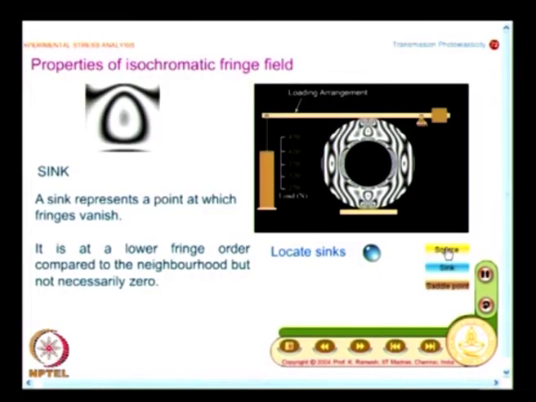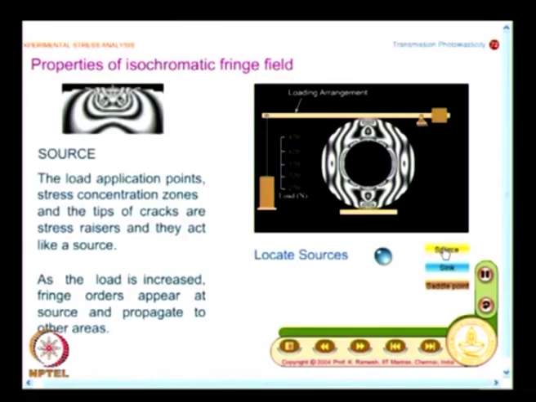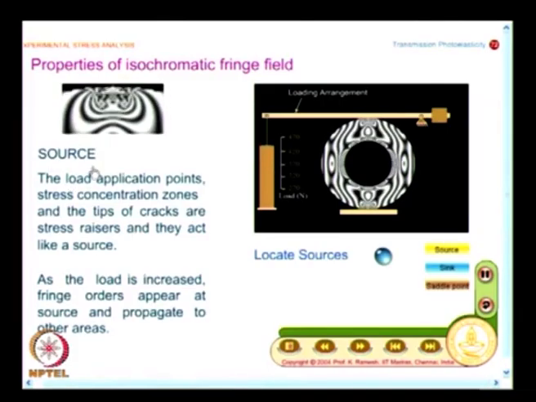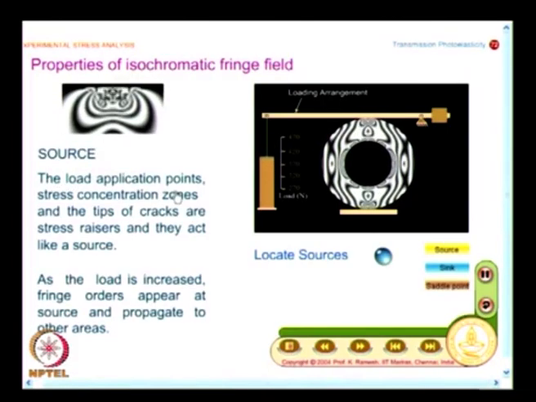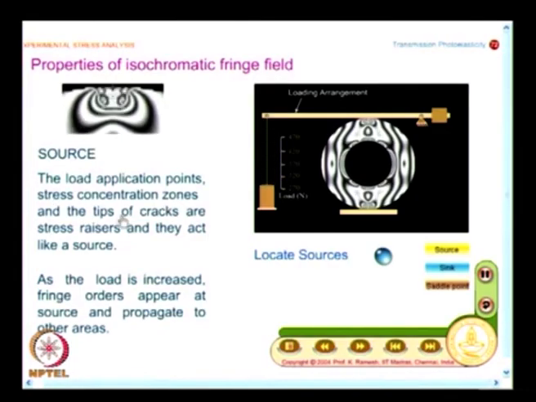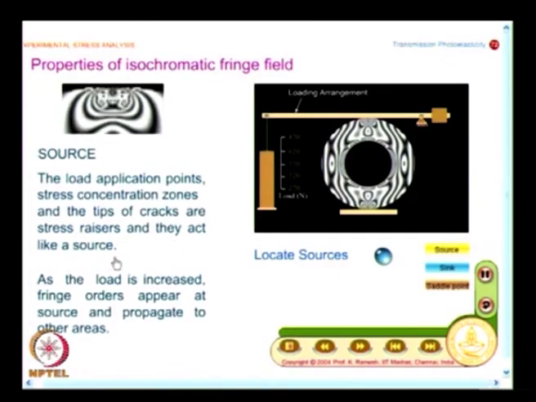And we have also looked at what is a source. By definition, you have the load application points, the stress concentration zones, and the tips of cracks or stress risers, and they act like a source.